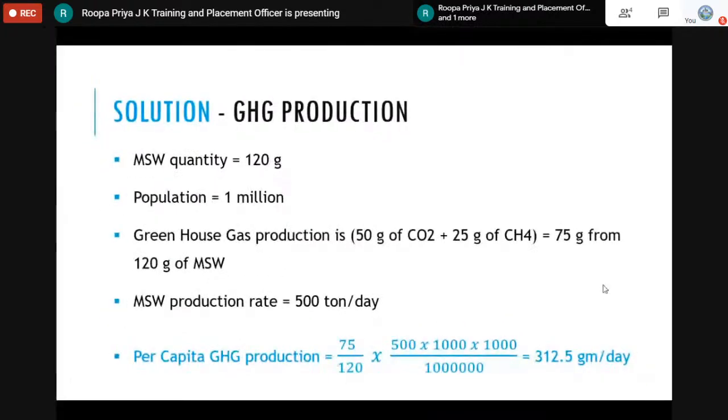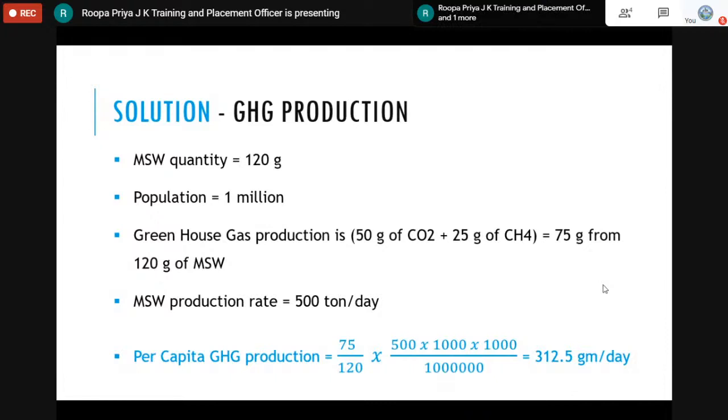So the data given, we have the municipal solid waste quantity as 120 grams. We have a population of 1 million. We also have the gas production, that is 50 grams of carbon dioxide and 25 grams of methane, which is produced according to the problem.